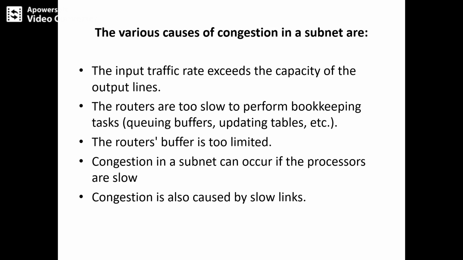This is again one of the main causes. What type of processors are we using? With the latest processors there is very little chance of congestion in a subnet, and with old processors like P4, P3 or Pentium dual core, the chance of congestion is more.